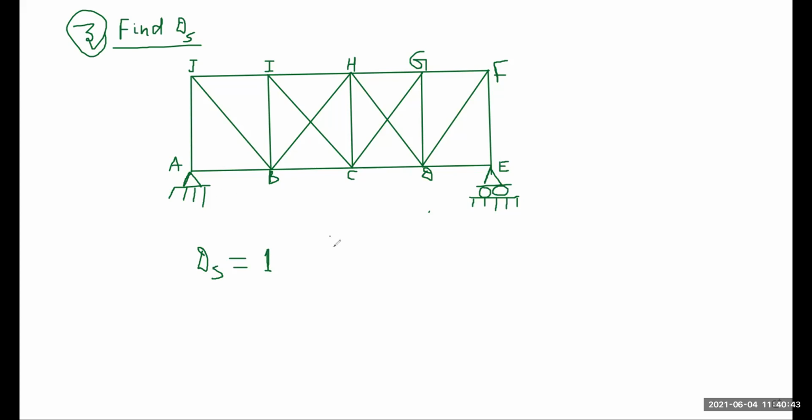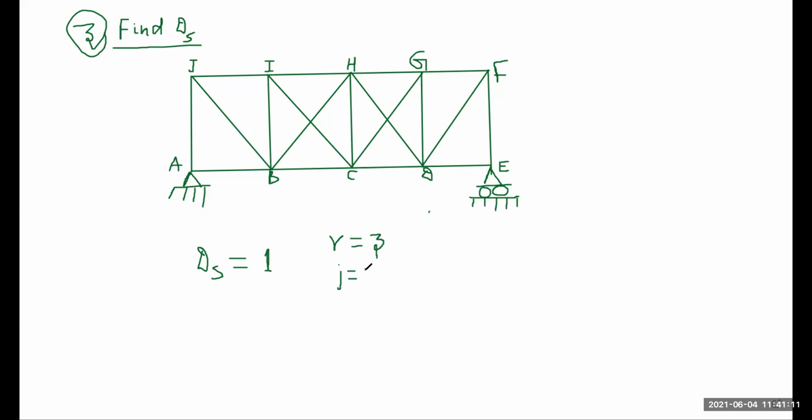Sir, in the hinge there are 2 reactions, and in the roller there is 1, so we get 3 reactions. R is equal to 3. Next, there are 10 joints: the number of joints is equal to 10.